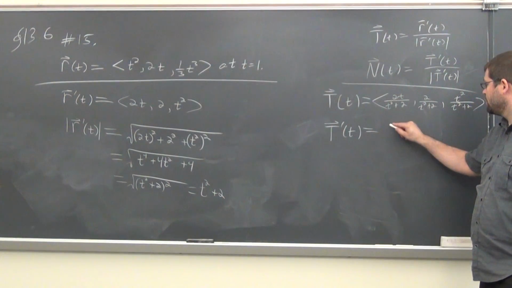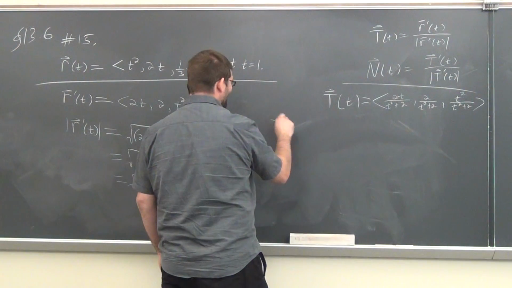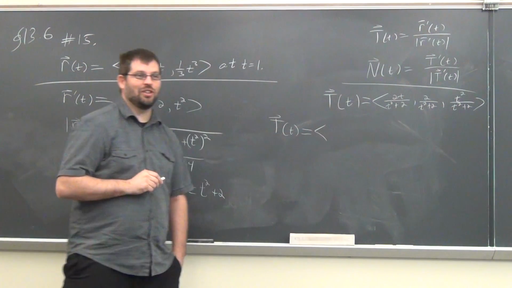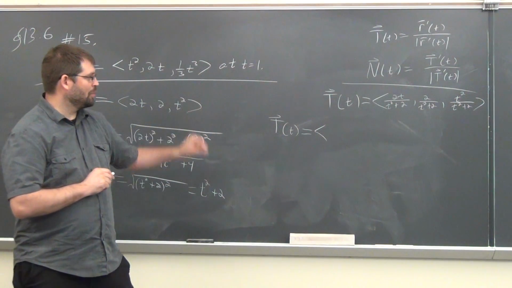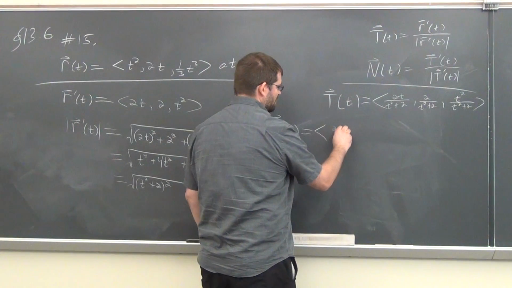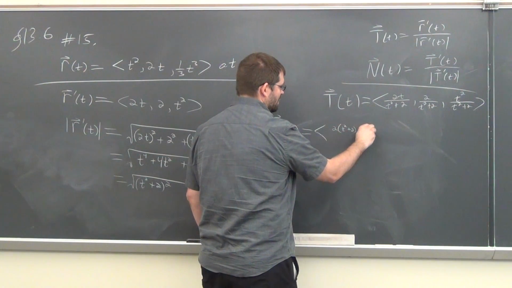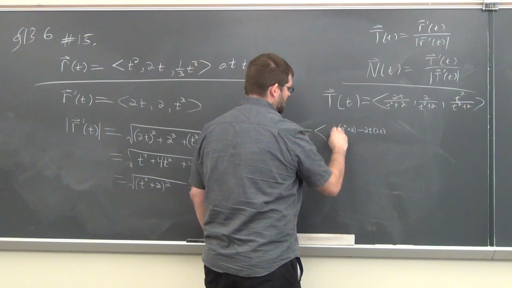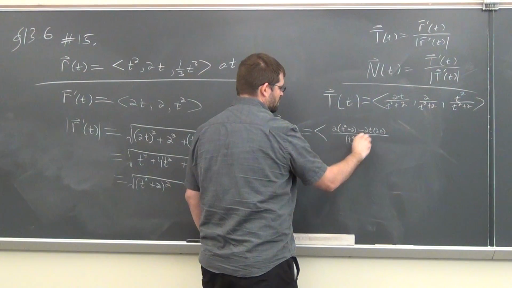I'll move over here. We're going to need more space. It'll be a little ugly, but it's just the quotient rule. So it's the derivative of the top, 2, times t squared plus 2, minus 2t times 2t, all over t squared plus 2 squared.